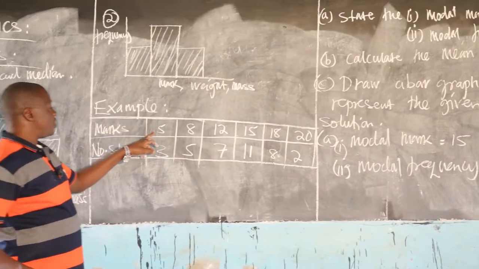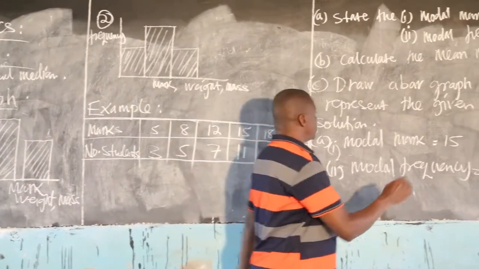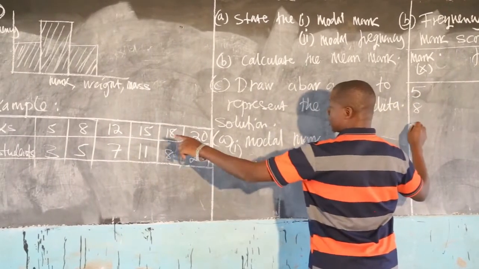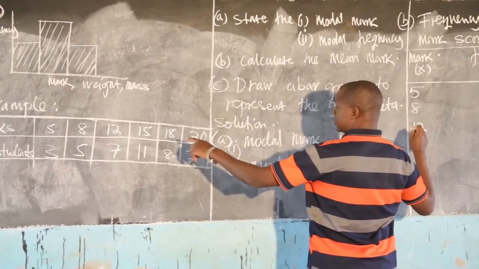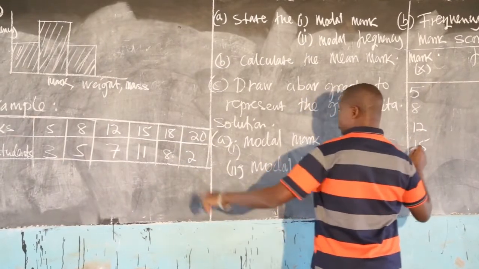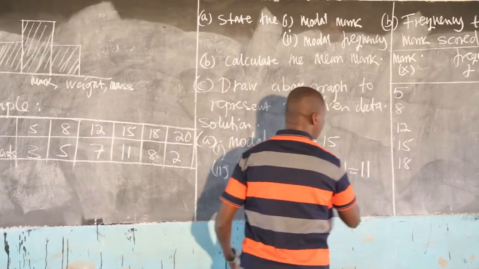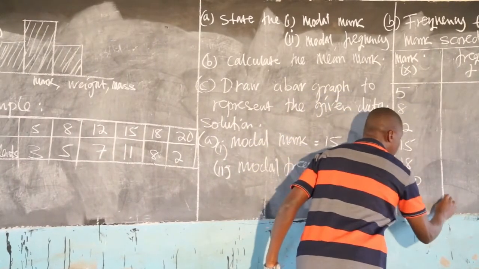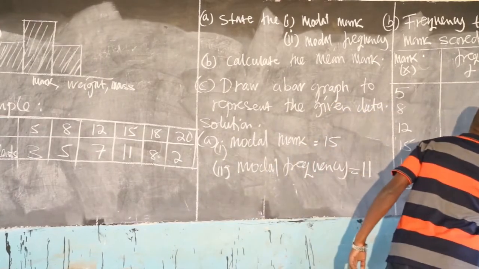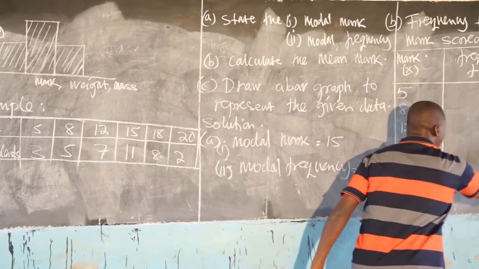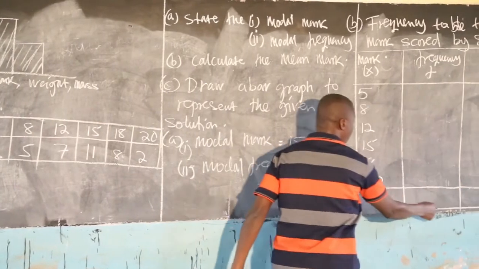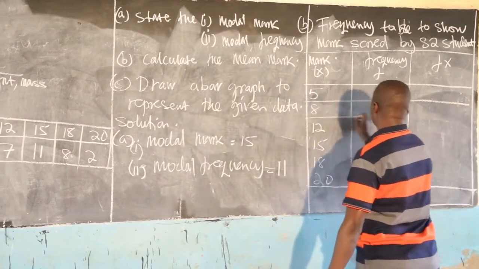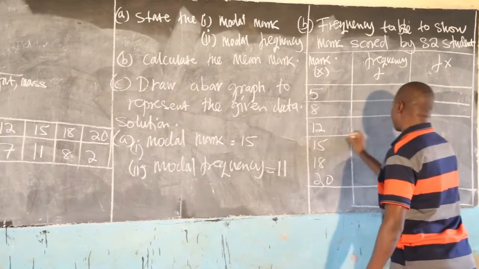When you observe, the first mark is 5, 8, 12, 15, 18, 20. Then we can draw the table in this arrangement. Let your work be well organized.